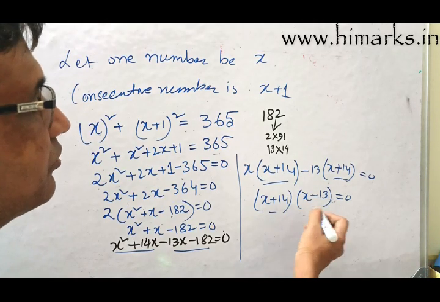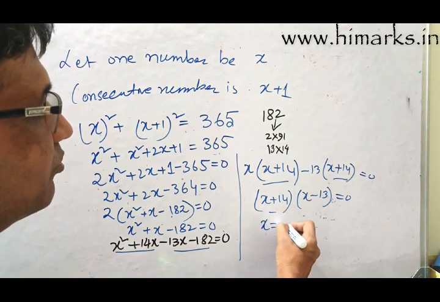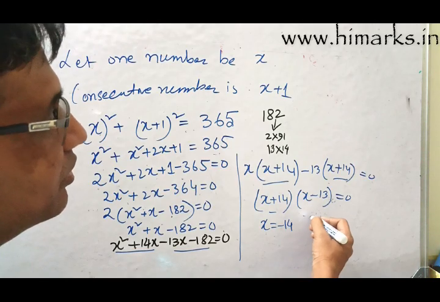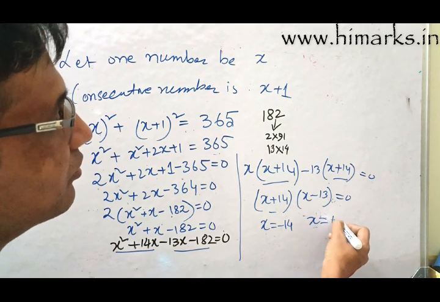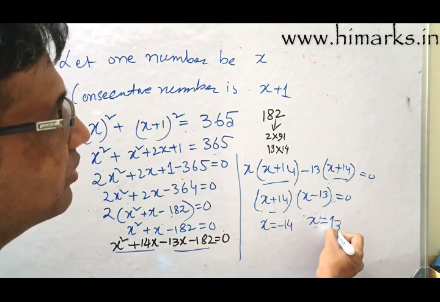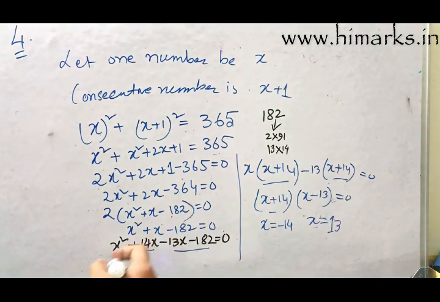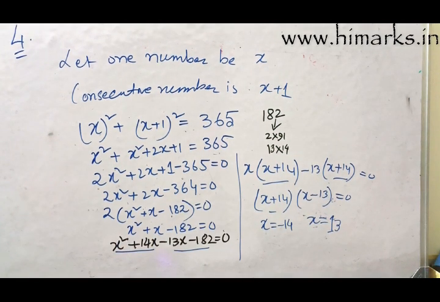So if this is equal to 0, we get x equal to minus 14, one answer. Another is x equal to 13, another answer. Now the question is, let one number be x, consecutive number is x plus 1.